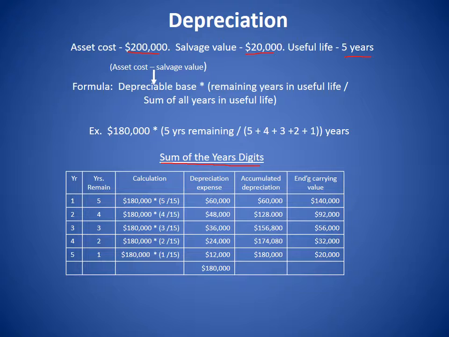And the formula is the depreciable base times the fraction of remaining years in the useful life divided by the sum of all the years in the useful life. That'll become a little bit more apparent what that means when we show our example formula. Now remember, depreciable base is equal to our asset cost minus the salvage value.